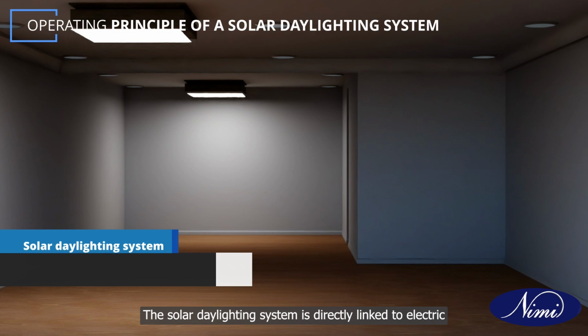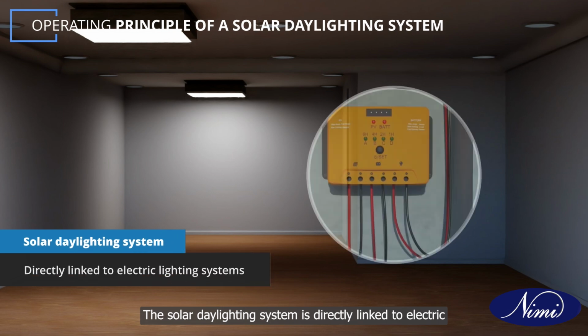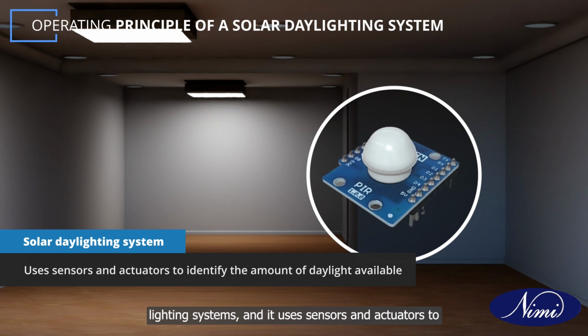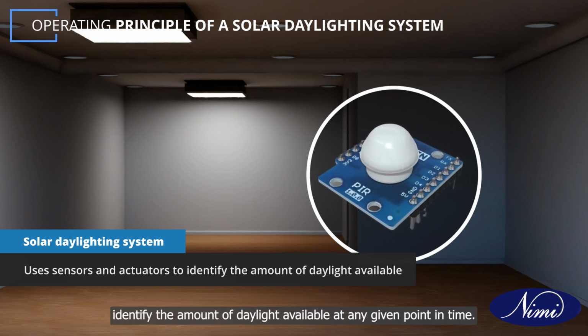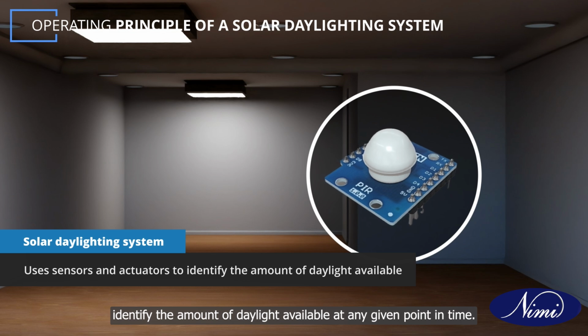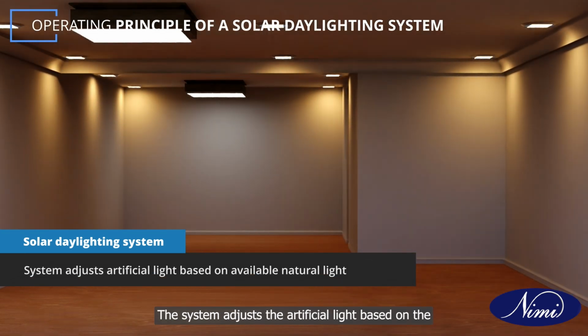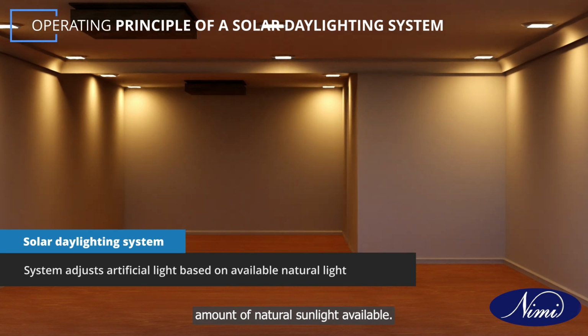The solar day lighting system is directly linked to electric lighting systems and it uses sensors and actuators to identify the amount of daylight available at any given point in time. The system adjusts the artificial light based on the amount of natural sunlight available.